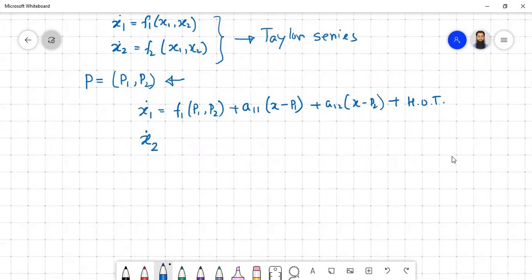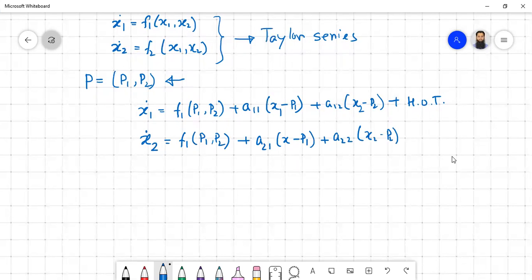And x2 dot is f2 of p1 and p2 around that point, then a21 times (x1 minus p1), plus a22 times (x2 minus p2), plus again the higher order terms of the second equation.